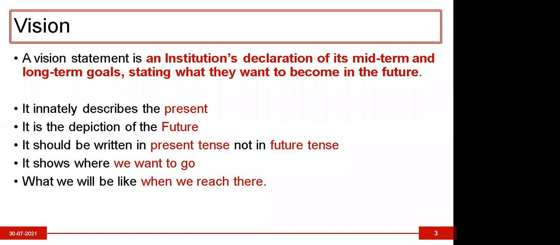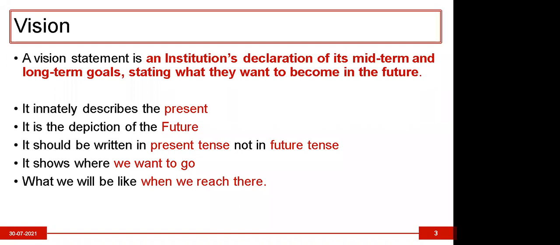It shows where you want to go and what you will be like when you reach there, what status you are going to acquire on realizing the vision. This is a very important aspect while defining the vision statement.